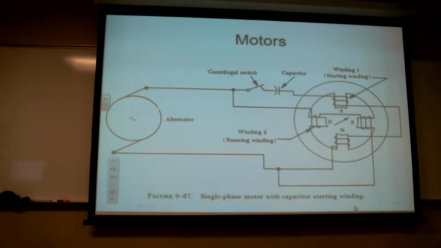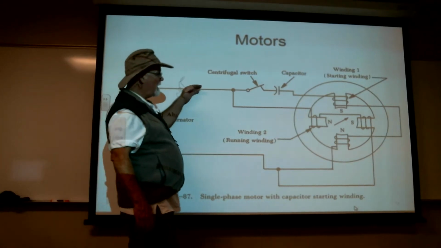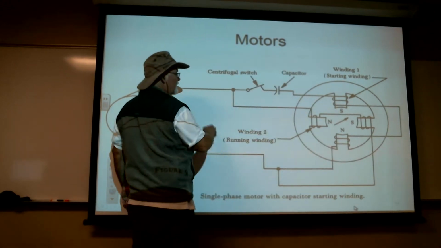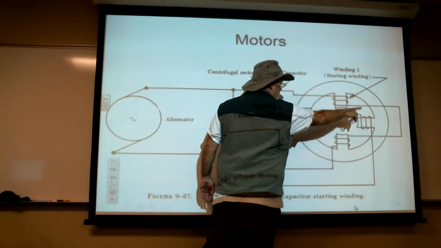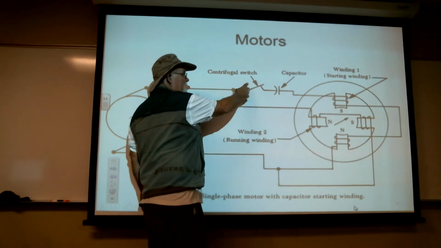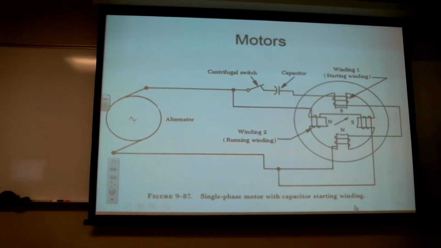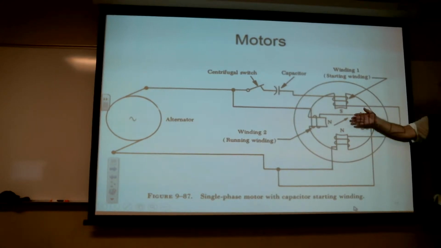So that's what this shows. This shows your primary windings, okay? Then you're going to have a secondary winding coming through the capacitor, and that's going to split this field out of phase slightly with the primary winding.